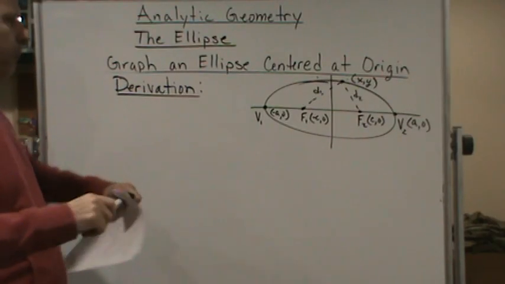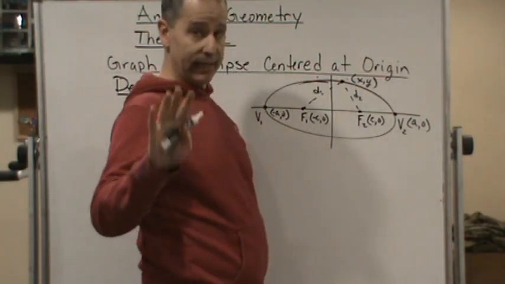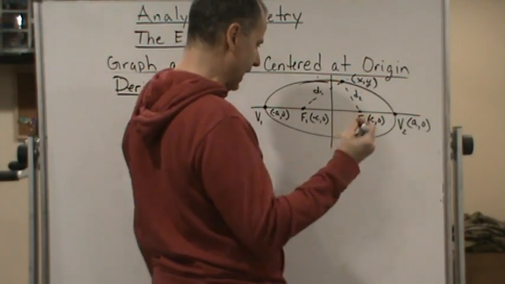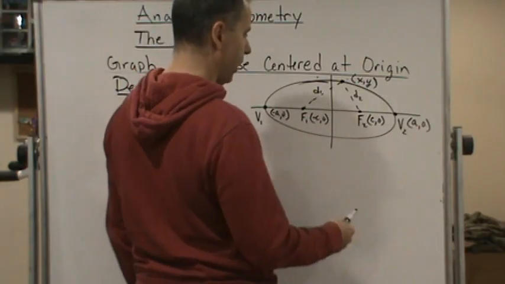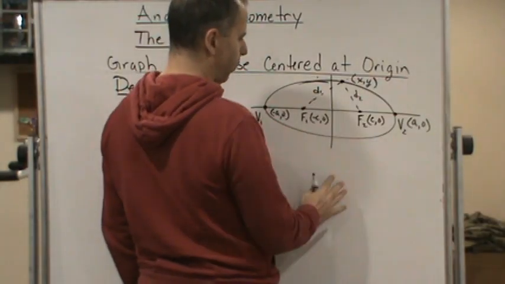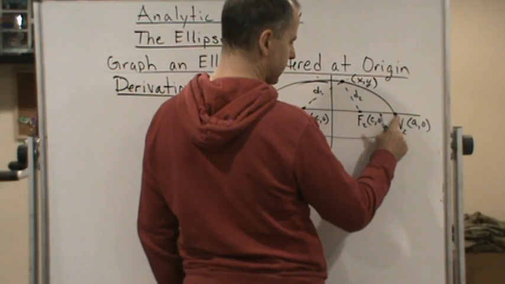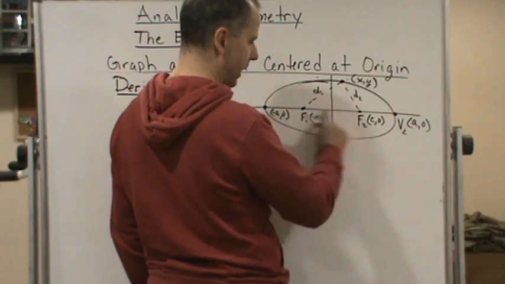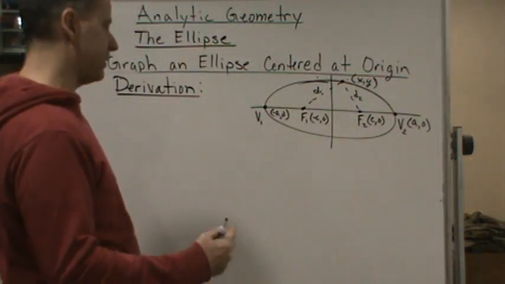Okay, so now let's start with a real simple example to get an idea again what the constant looks like, that constant number that the sum of the distances should always add up to. If it works for all of the points, by definition, then it should also work for the vertex v2, which is right on the x-axis, which will make the calculations very simple for us.